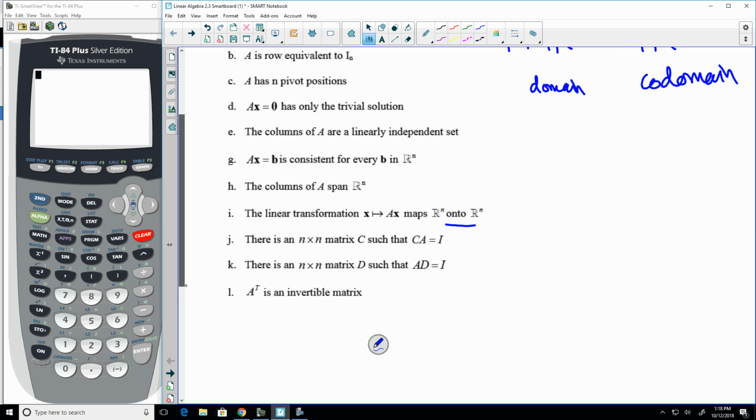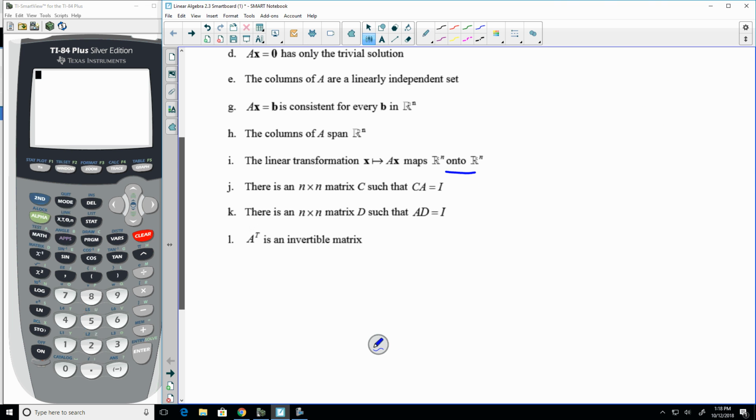And there's an n by n matrix C such that C times A equals I, and there's an n by n matrix D such that A times D equals I, and the transpose is also invertible. These two, you can always use the inverse. Right? If A is invertible, then you can use the inverse to do that. So there's always at least one of those, but you might be able to find another one. Maybe.